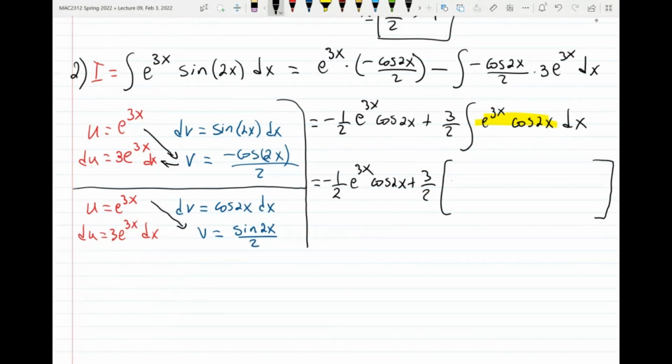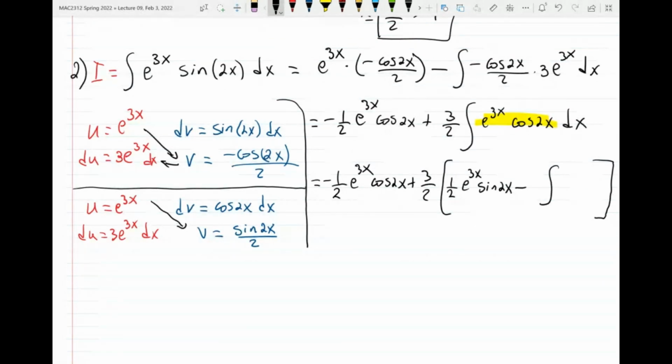So uv is 1/2 e to the 3x sine of 2x minus the integral of v du. Now, if you don't mind, I'm going to go ahead and put the 3/2 outside. And then we have e to the 3x times sine of 2x dx.